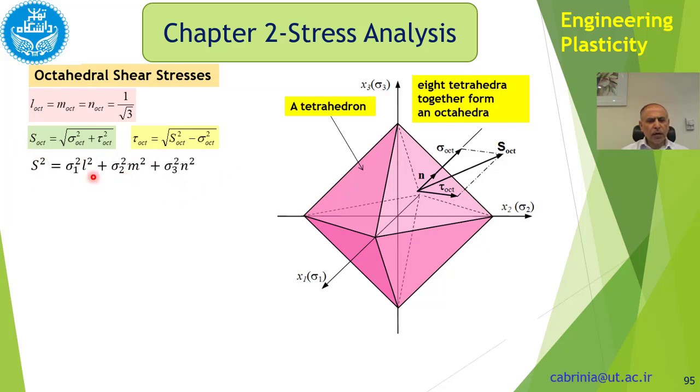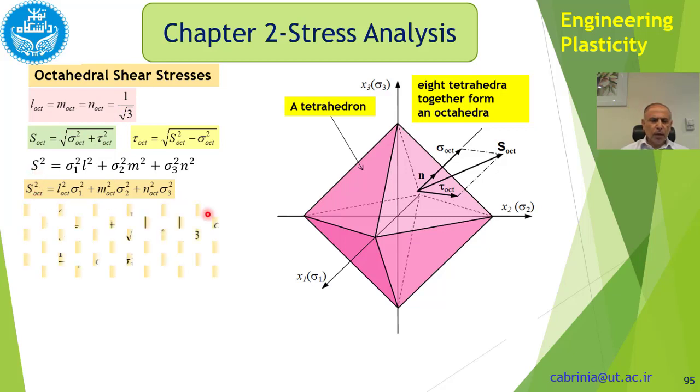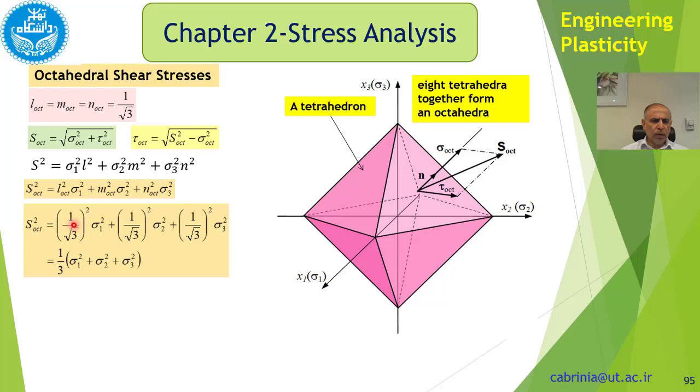And we had this relationship before. If we use this relationship, because L, M, N are equal here, we have L octahedral, M octahedral, N octahedral, which are equal to 1/√3, so that's S octahedral, and therefore 1/√3, and we get this.